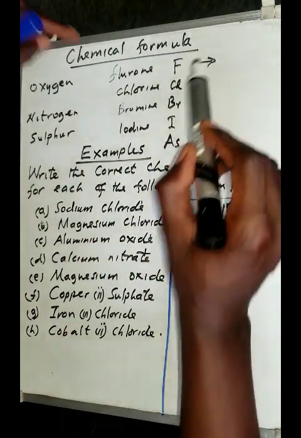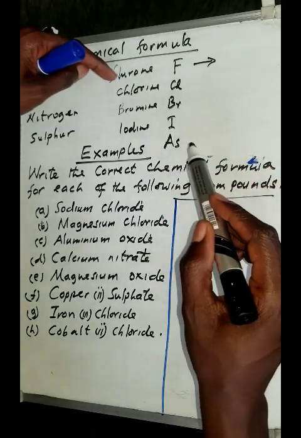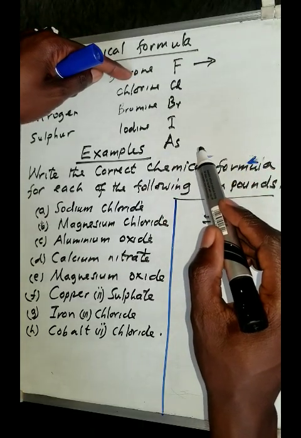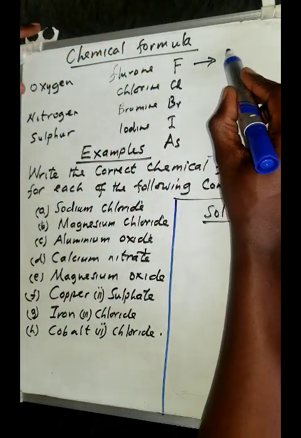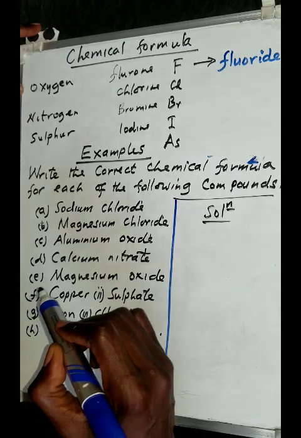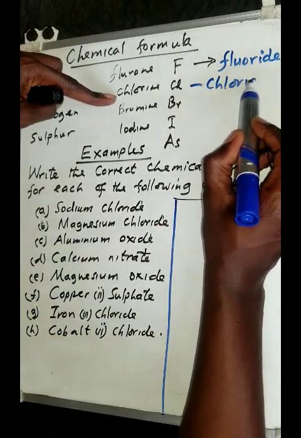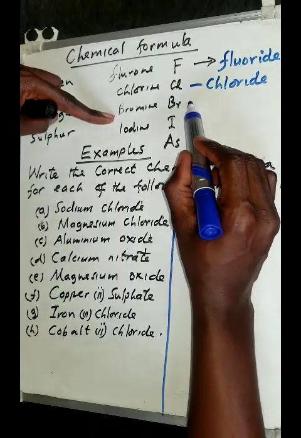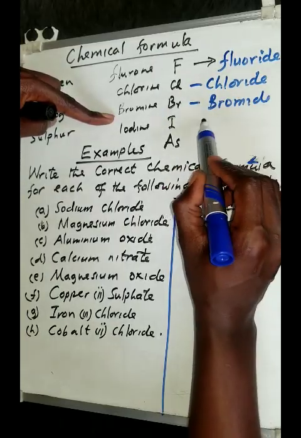Now, when fluorine or any of these that I've mentioned and many others react, the name changes. That's what you need to remember. Fluorine becomes fluoride after a reaction has taken place. Chlorine changes to chloride. Bromine changes to bromide.